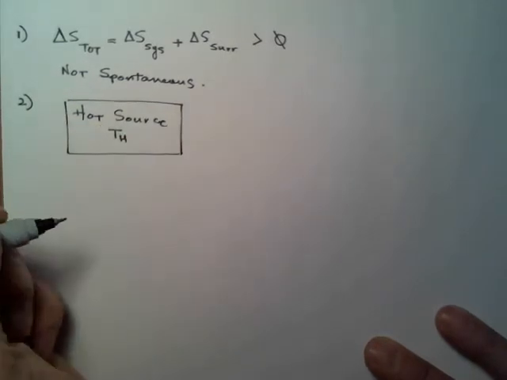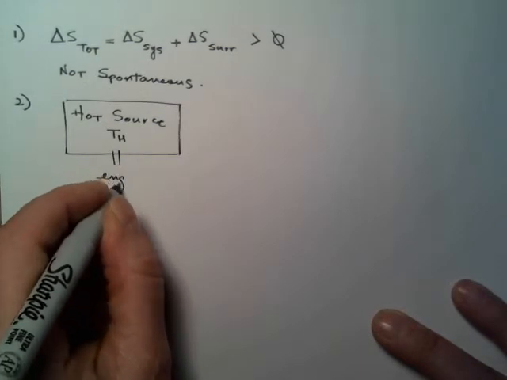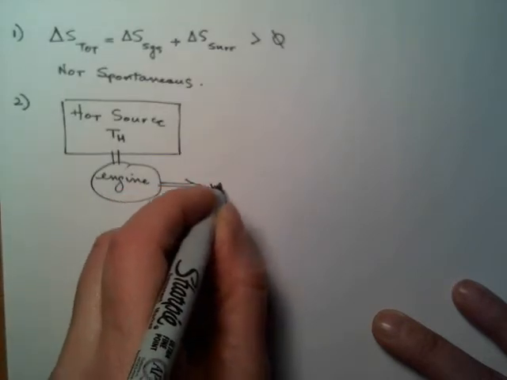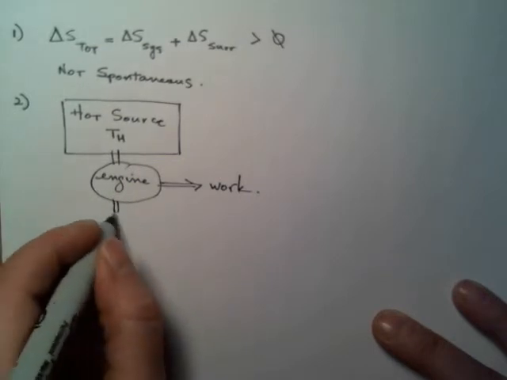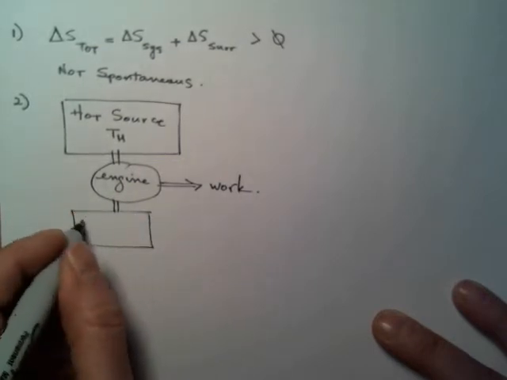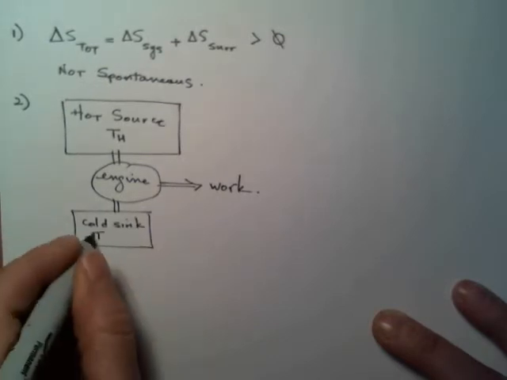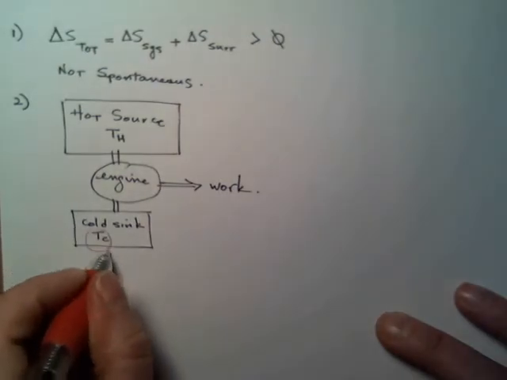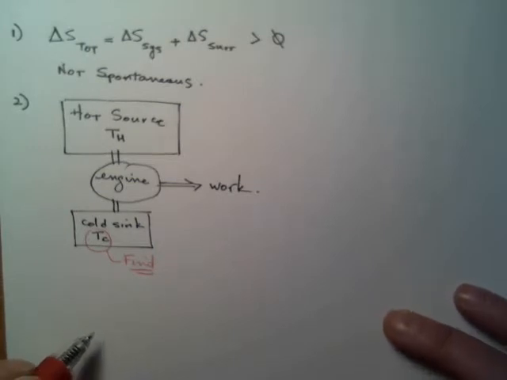There's my hot source, and my engine is what's doing the work, and it's connected to the cold sink, and that's, in this case, an organic liquid at T cold. And the question is to find what that temperature is.